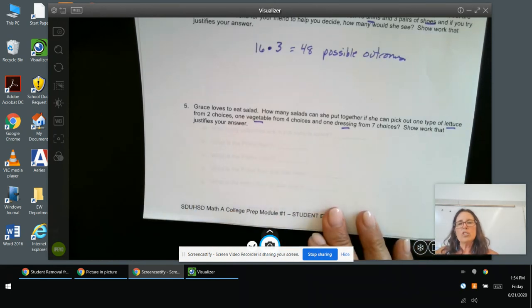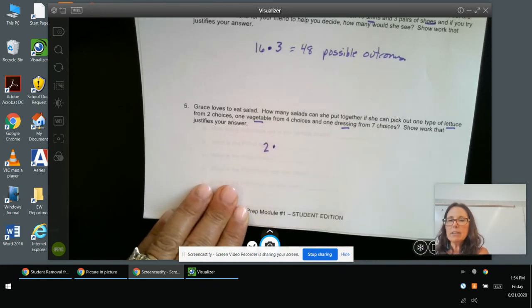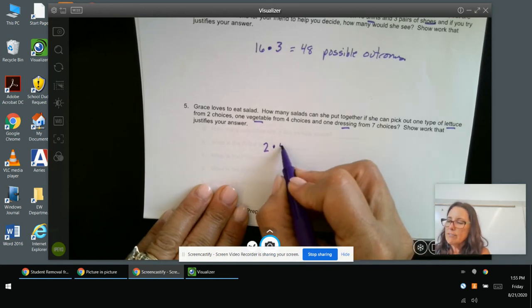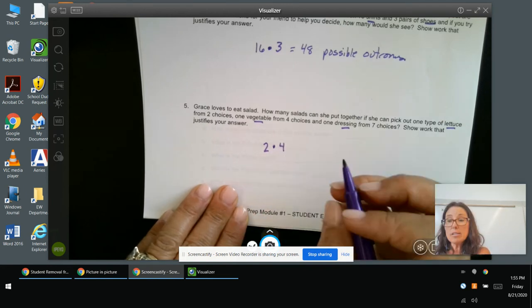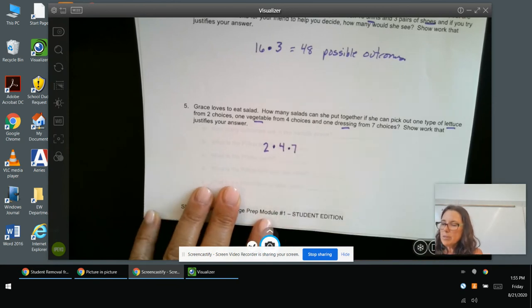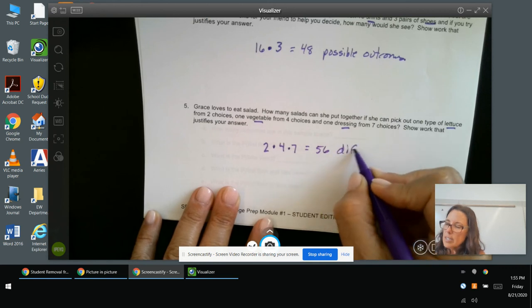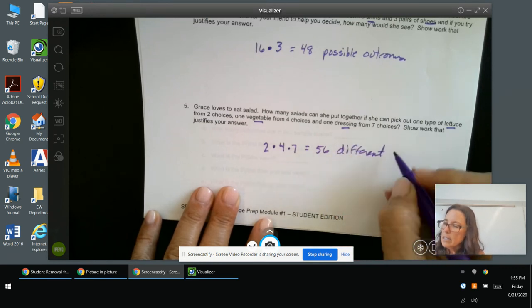I've just got to find out how many choices I have of each: 2 lettuce choices, 4 vegetable choices, 7 dressing choices. Multiply all those together, and 56 different salads can be created.